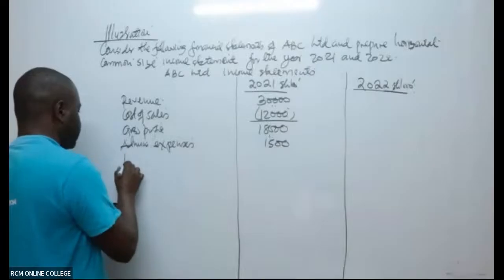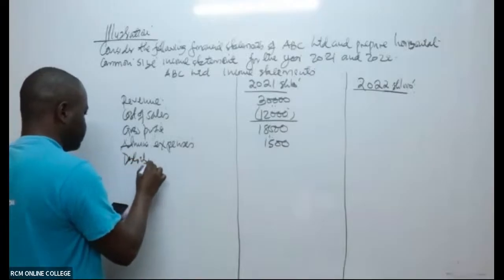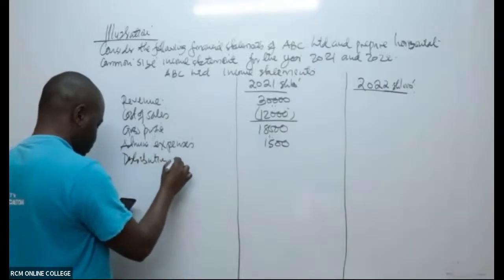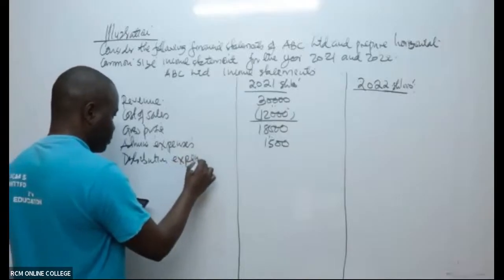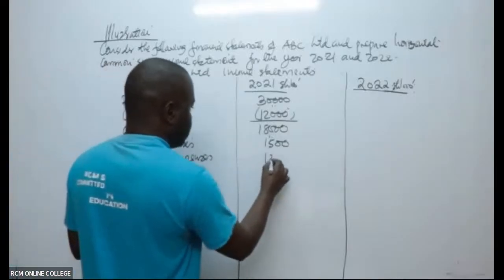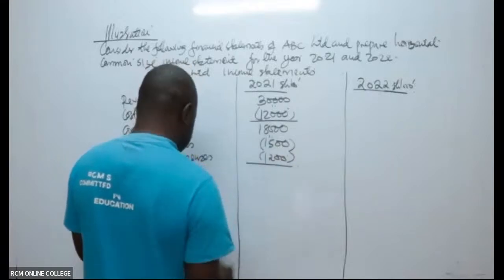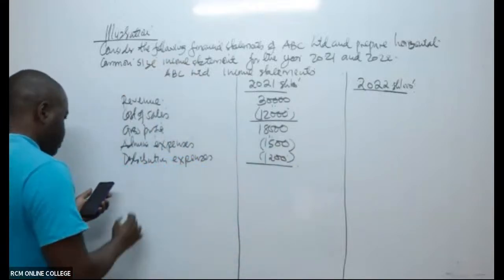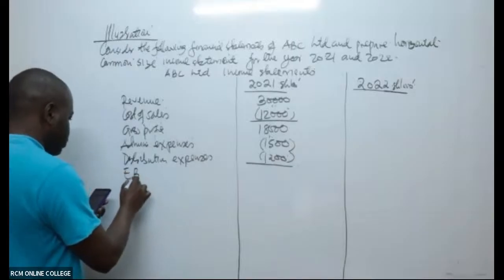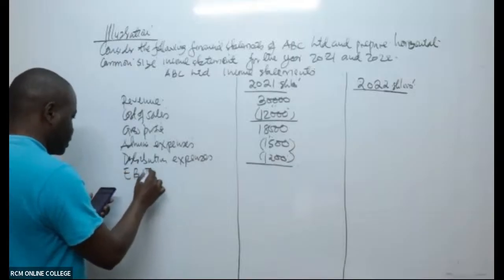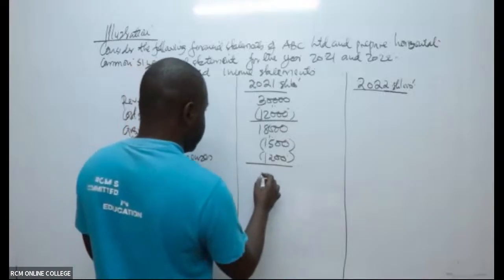Then you can have distribution expenses of $1.2 million. So if you deduct them, it will give you earnings before interest and tax of 15,300.